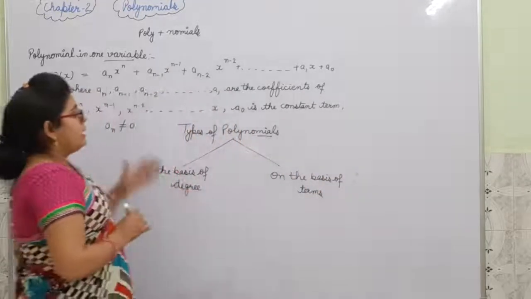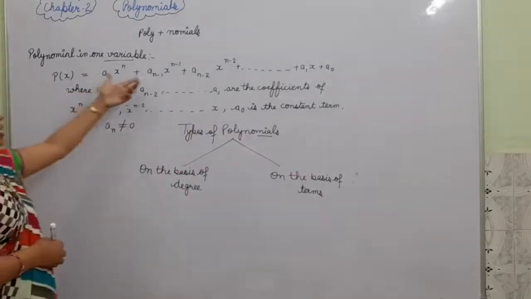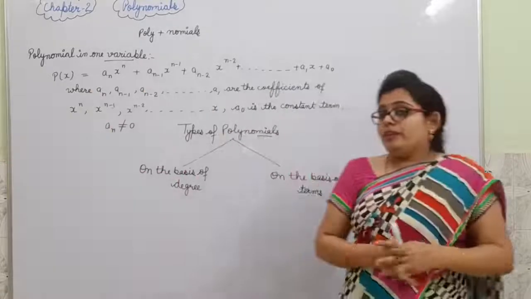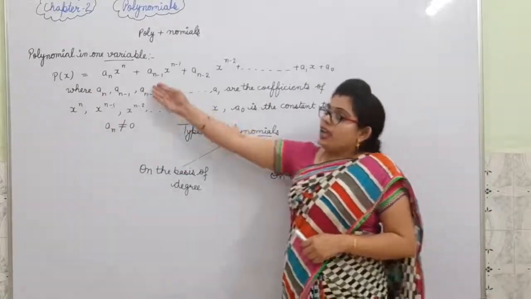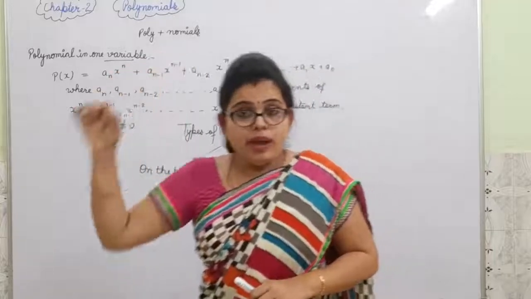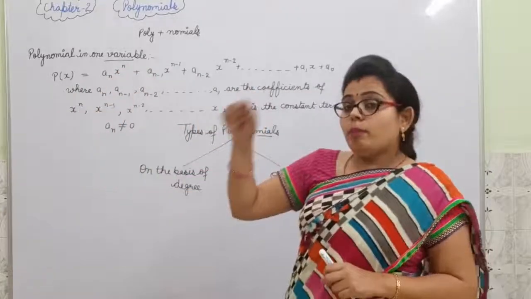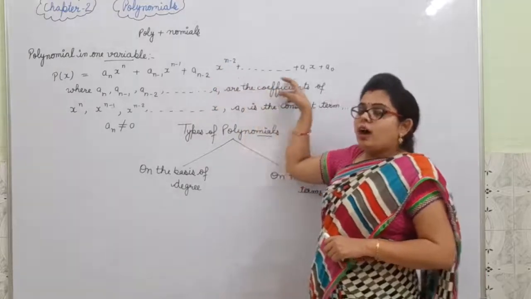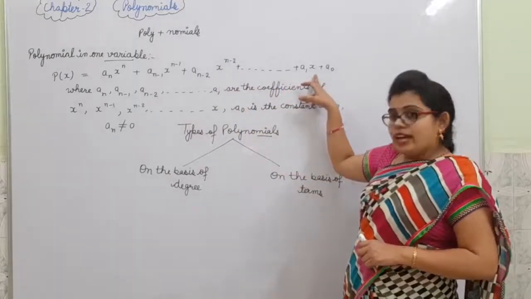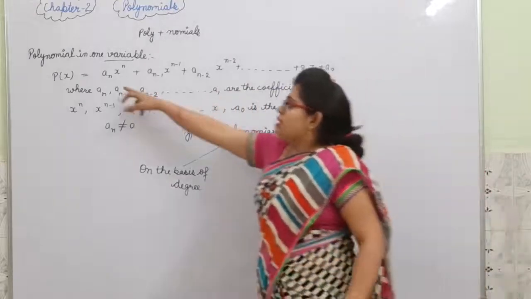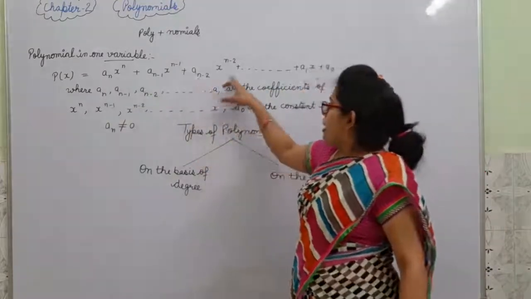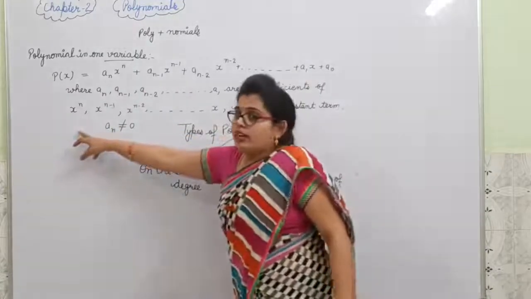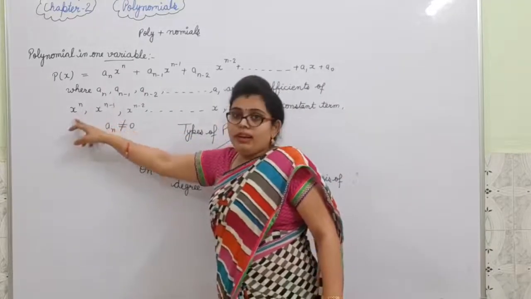Yes, dear students, एक algebraic expression जिसके अंदर हम terms को इस तरह से arrange करते हैं, means polynomial in one variable can be written as an x raised to power n plus an minus 1 x raised to power n minus 1 plus an minus 2 x raised to power n minus 2 plus up to a1x plus a0, where an minus 1, an minus 2 up to a1 are the coefficients of the variable x.